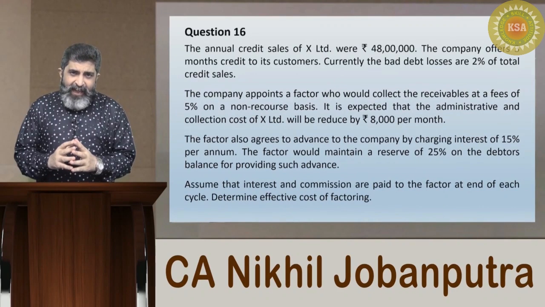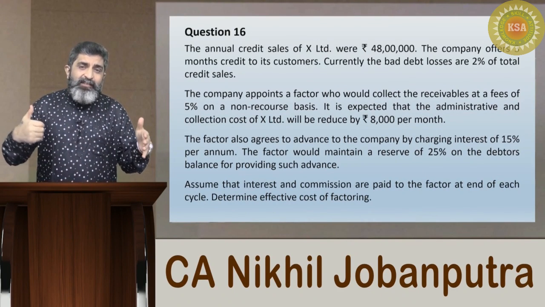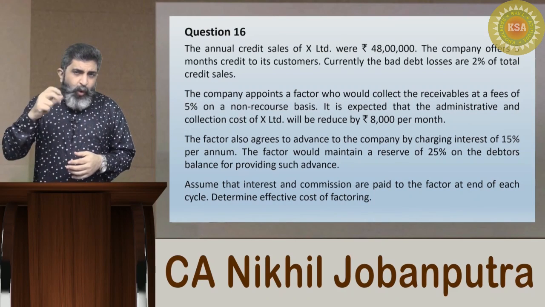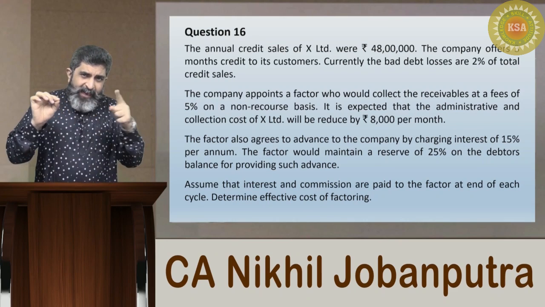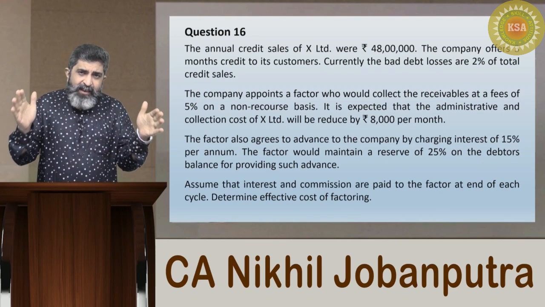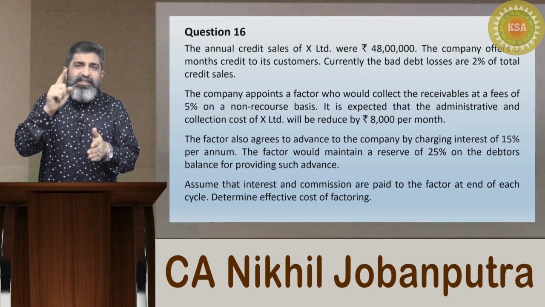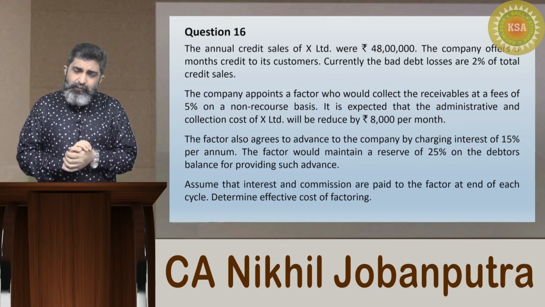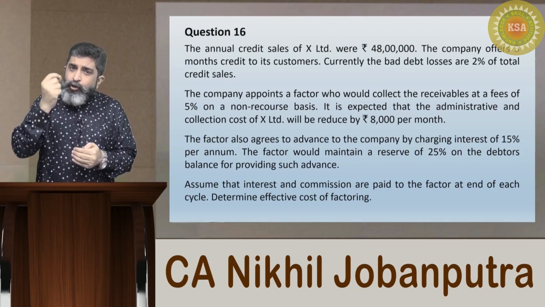We call this 4 different factoring cycles within 1 year. So what will happen if the calculation goes for the entire year? For the entire year, the sale is 48 lakhs, but for each cycle, the sale will be 12 lakhs. So at a time, your debtors balance should be worked out.